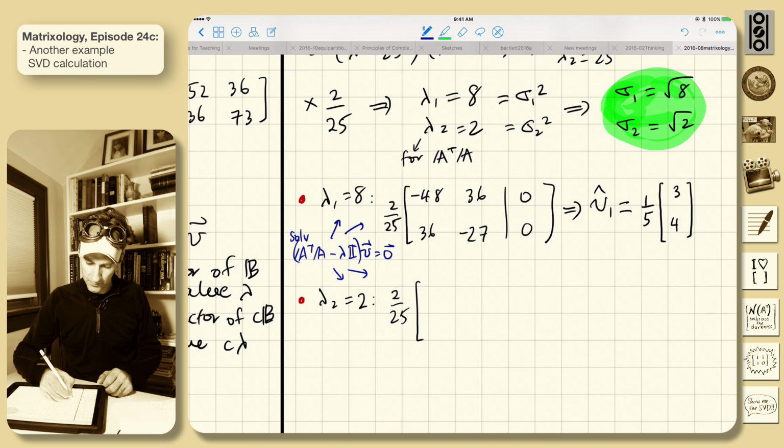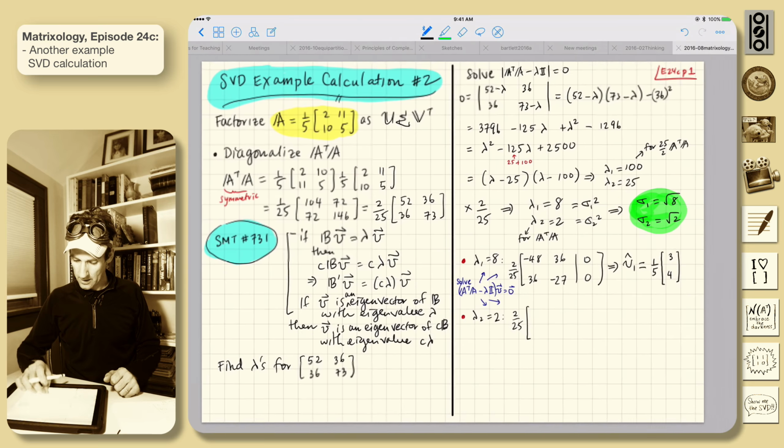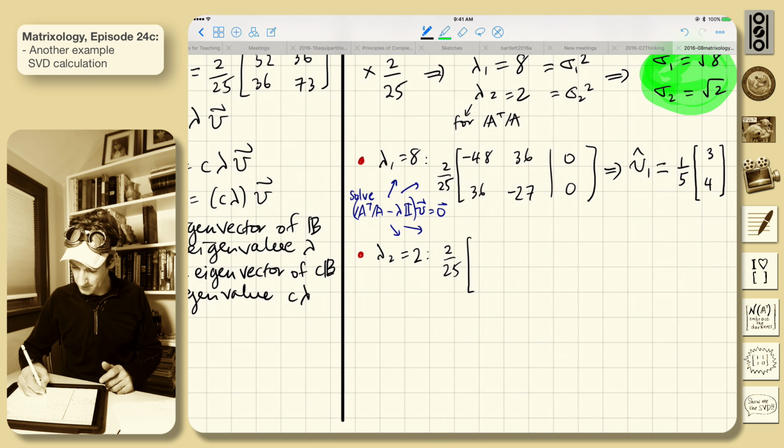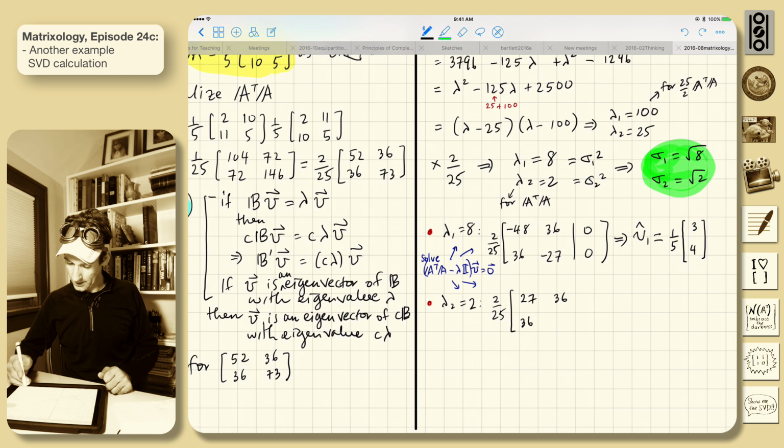Solve these, normal stuff. It takes a little while, but we're nearly there. So 52 minus, in this case, 25, so it looks like a 27. And then a 36 here, and this is a 36 still. And then we have 73 minus 25, which is 48.